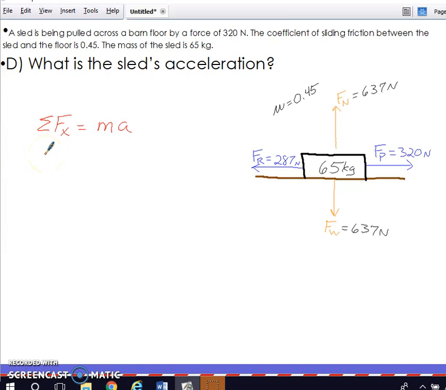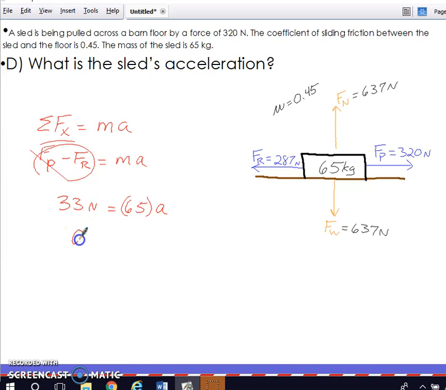And we said that we have a difference, well, let's see, Fp minus Fr is equal to ma. Well, we already know what this is. This is 33 newtons is equal to mass times acceleration. So we have 65 times a. And acceleration is what we're trying to find. So we just divide 33 by 65.